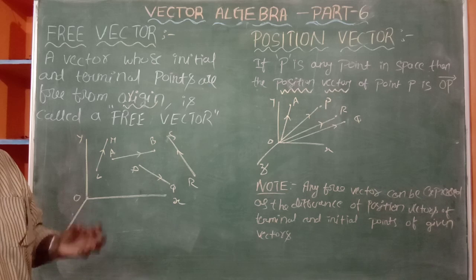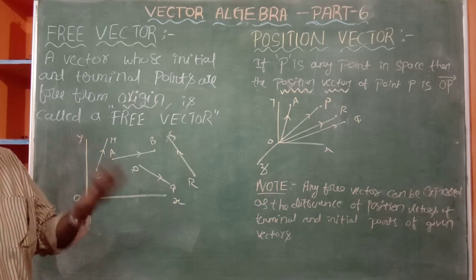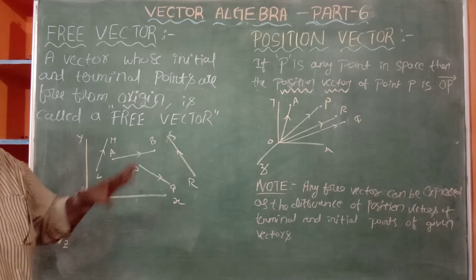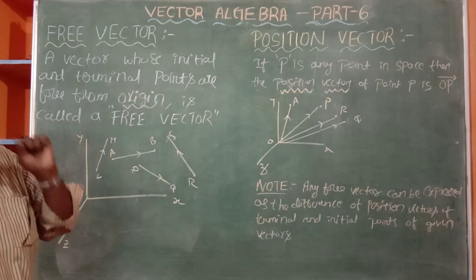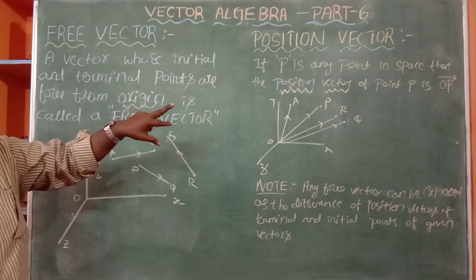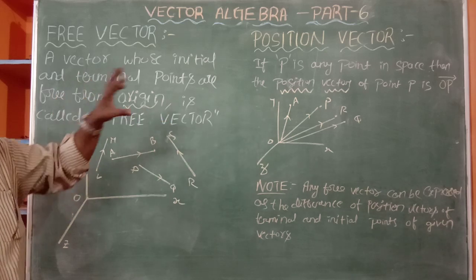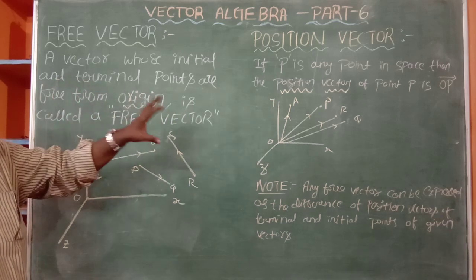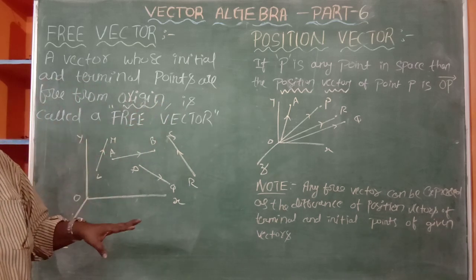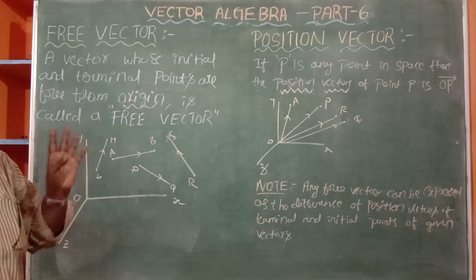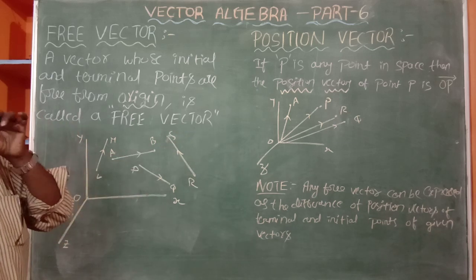O is the initial point to any point in the space. Like that, position vector is defined. Try to understand position vector and free vector. First is position vector, next is free vector. Position vector means the initial point is the origin. Free vector is free from the origin. Very simple.